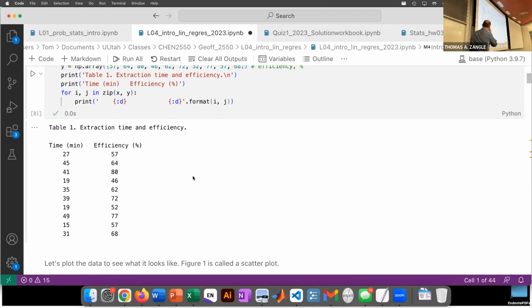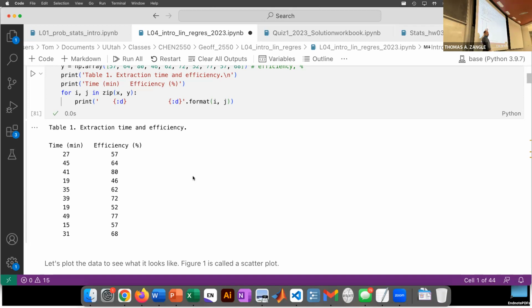So now we're asked, okay, what is the value at 35 minutes? And you see, we did have one trial at 35 minutes, right? So maybe the first thing you might want to do is just pull out the efficiency from that experiment that corresponds to 35 minutes. But this is real data with real noise, so that may not be the actual best answer.